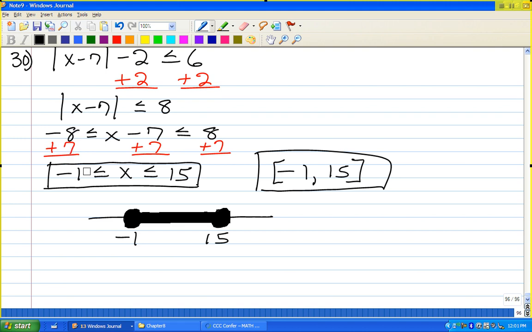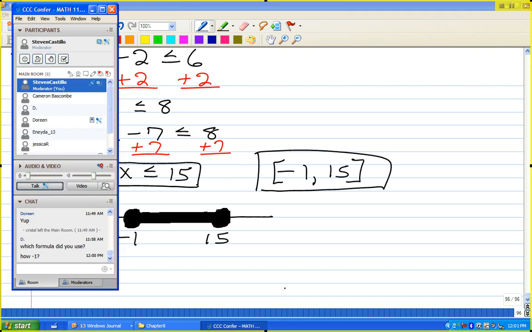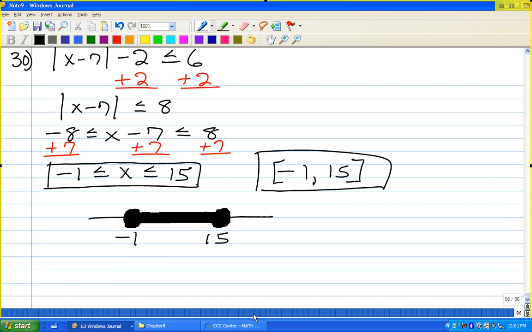It's 7 minus 8 is negative 1. I just added 7 to every side of my inequality because I wanted to isolate x in the middle. And so 7 minus 8 is negative 1. Okay. Let me do 34.